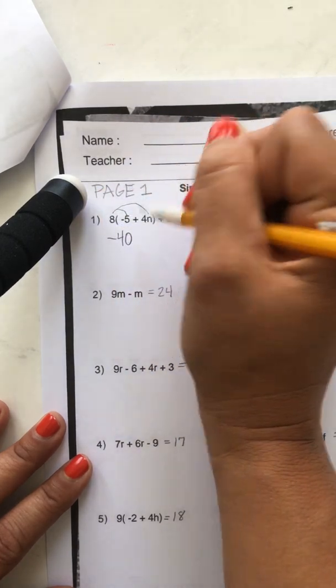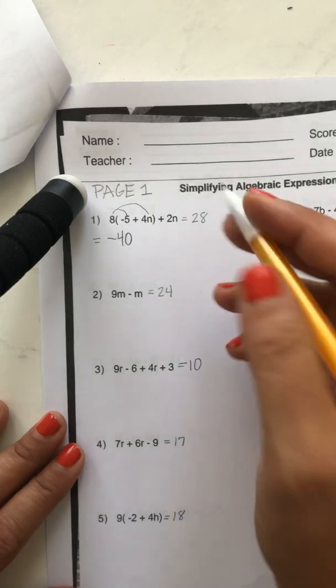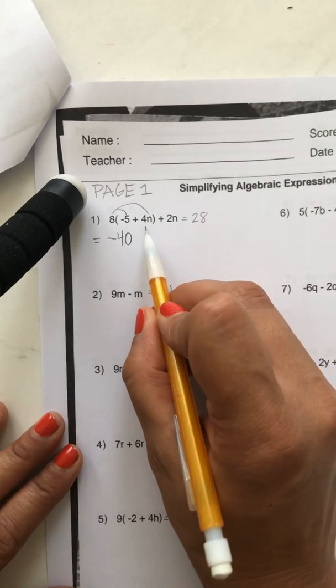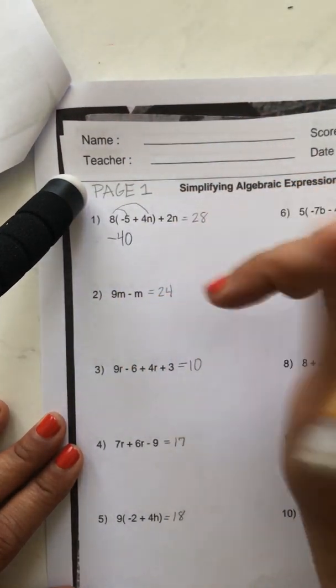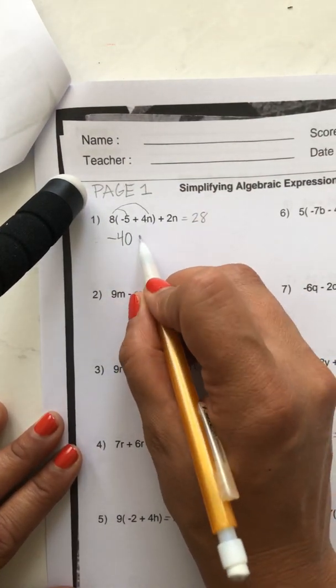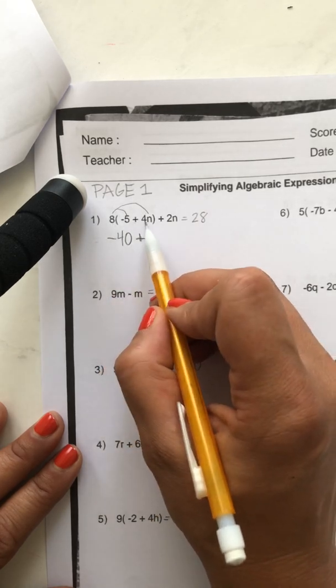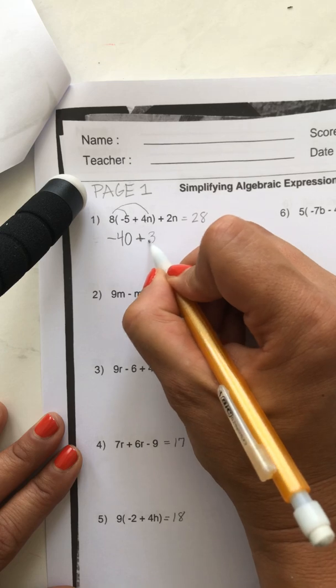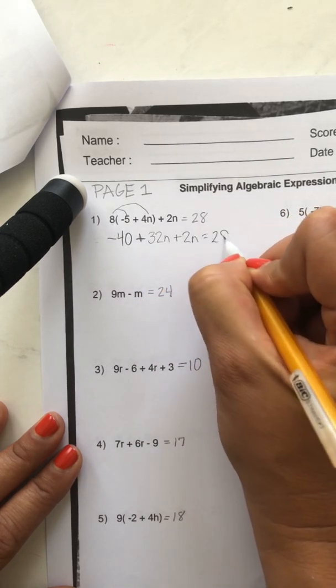And then 8 times 4n, that's a positive 4n, so I complete that addition sign there. So 8 times 4 is 32, don't forget the n, plus 2n equals 28.